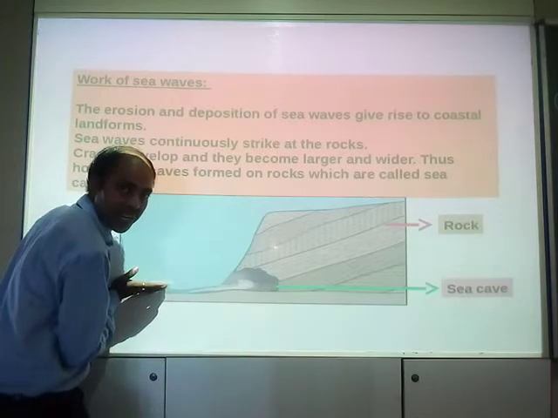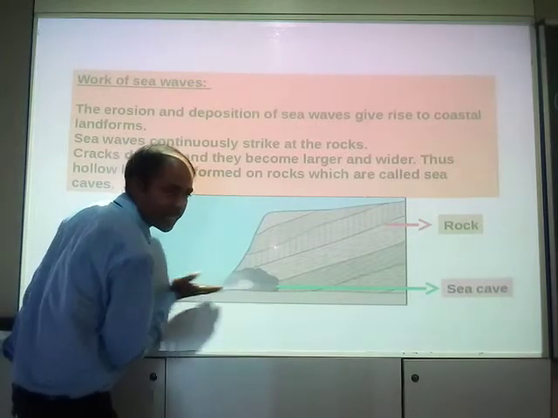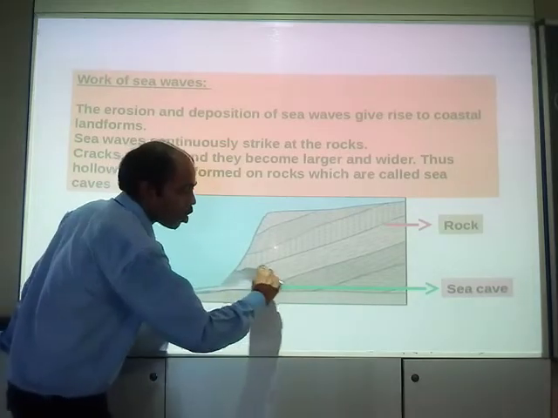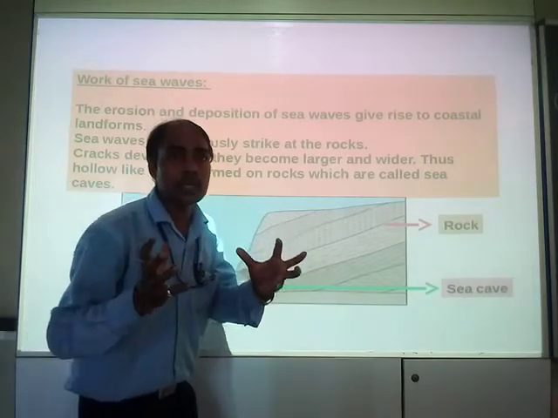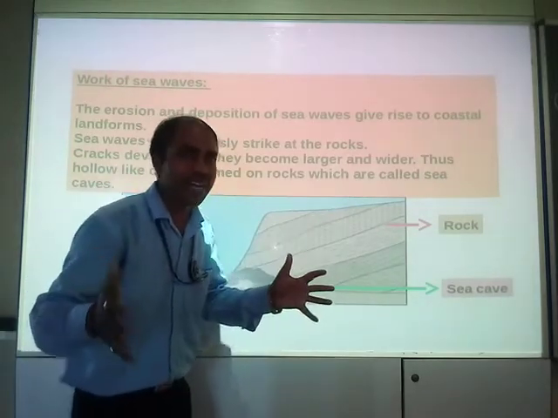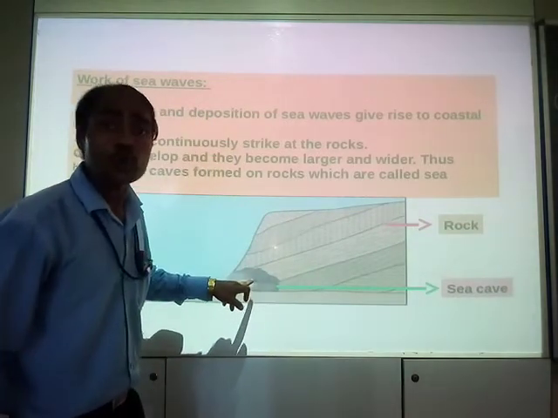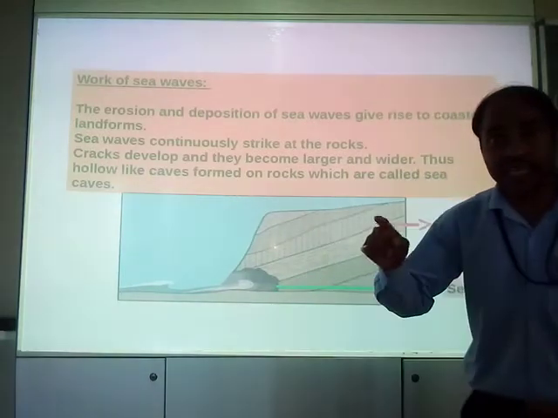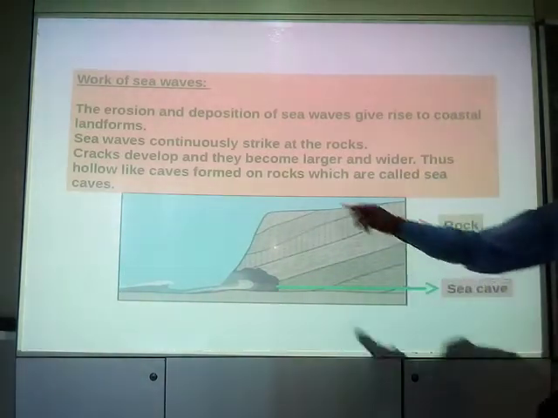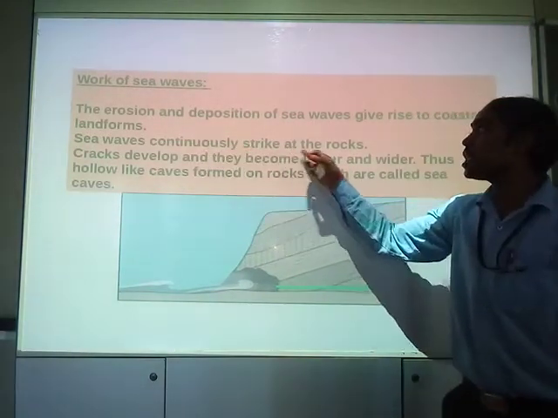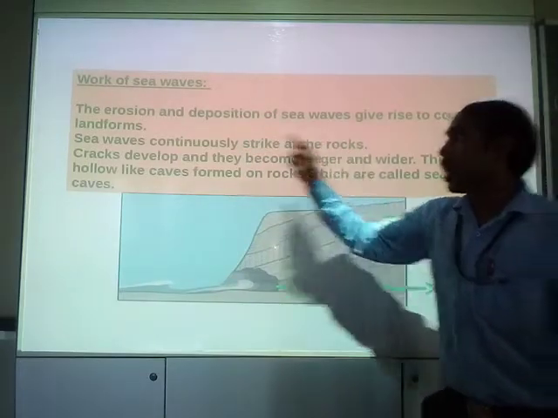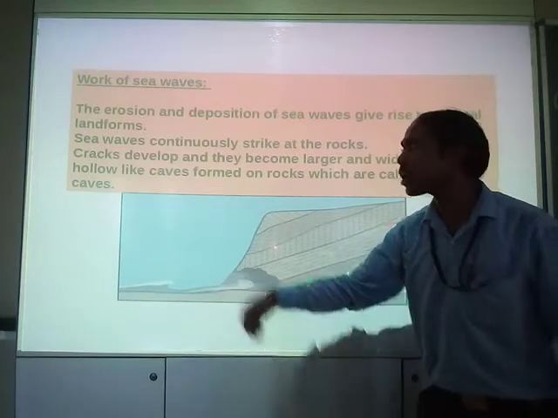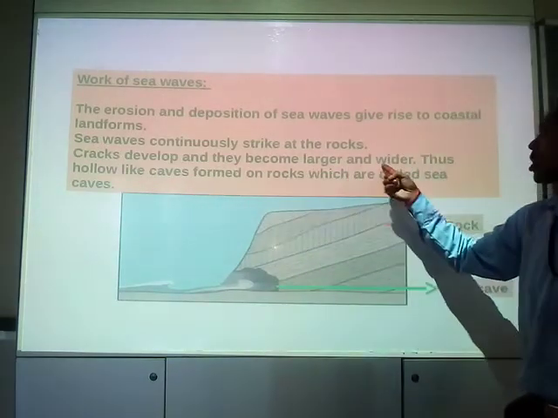Cracks develop, and then holes are formed, giving rise to a sea cave, which you know, right? First cracks develop in the rock and they become larger and wider.